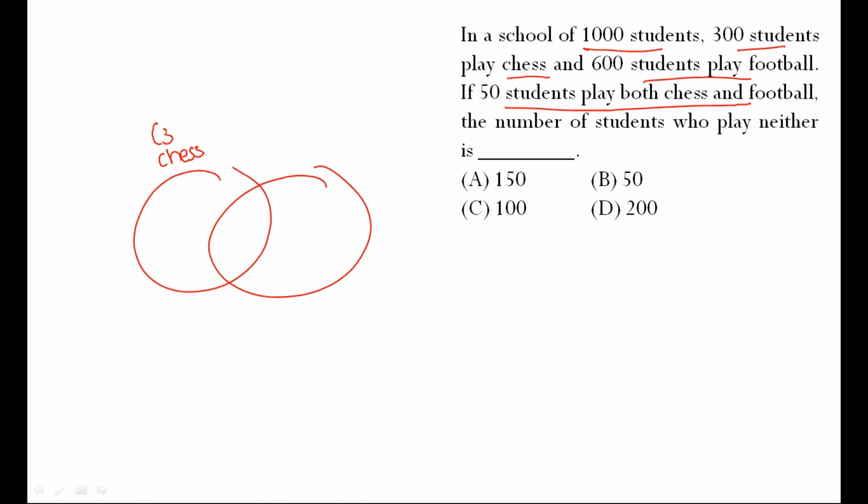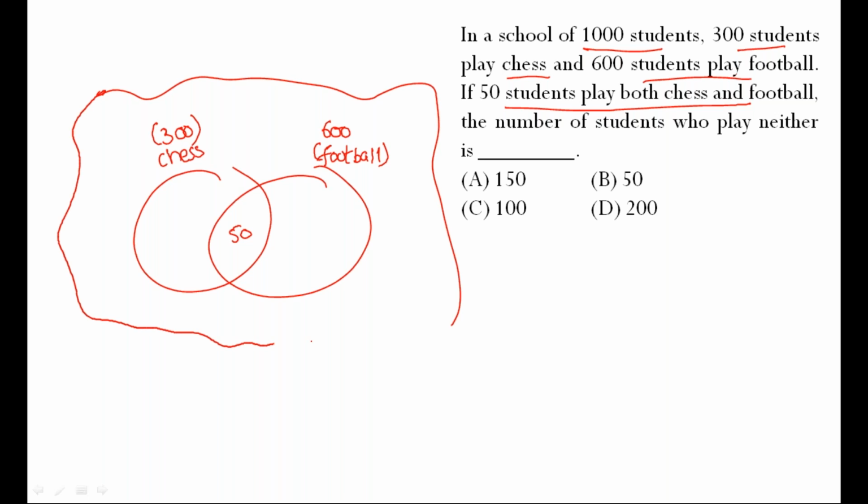How many are playing chess? 300 students. How many are playing football? 600. 50 students play both. And the total number of students is 1,000.